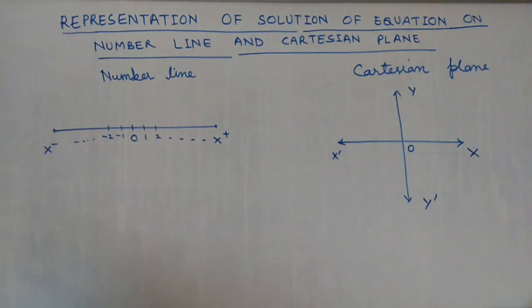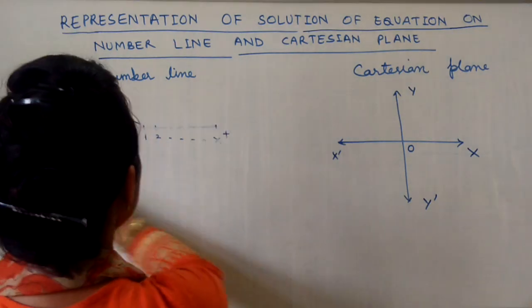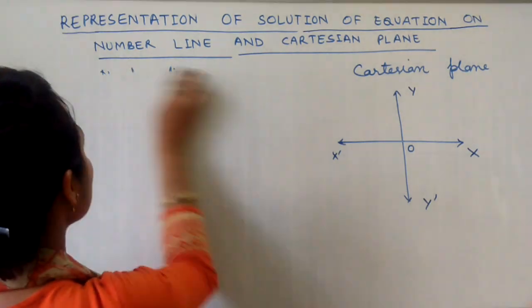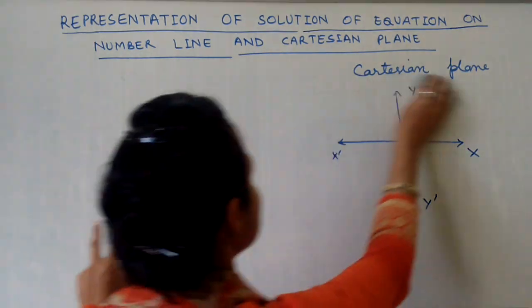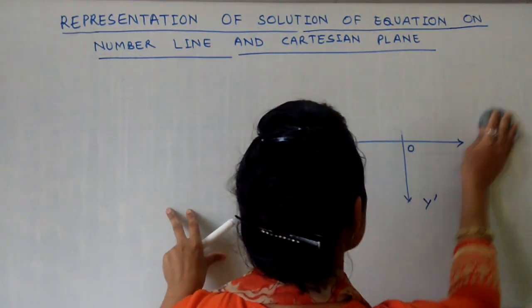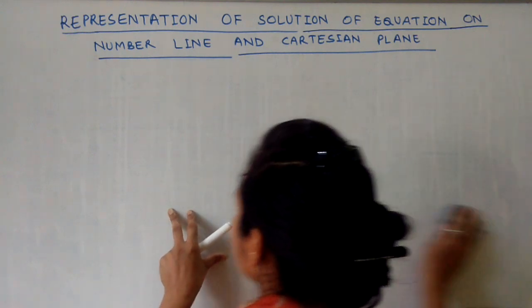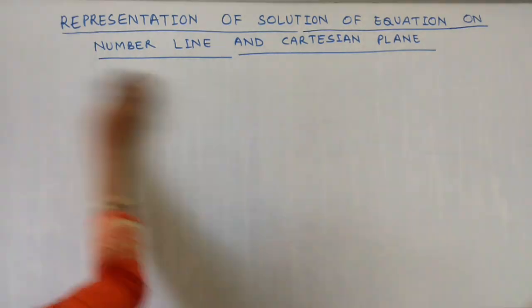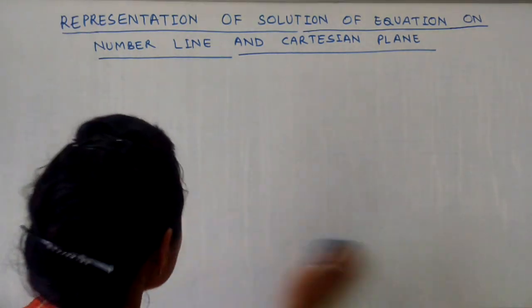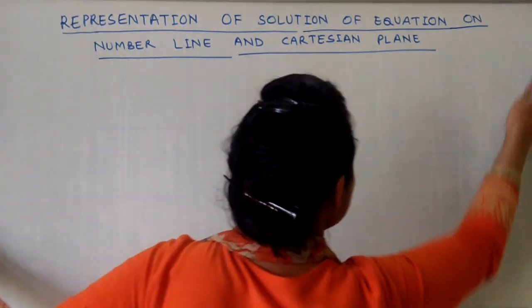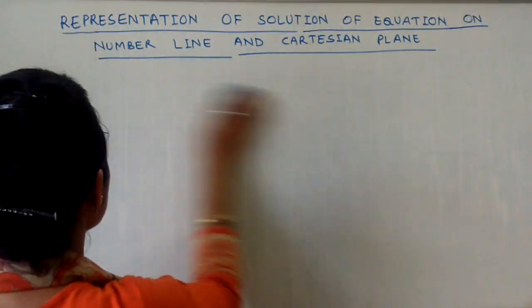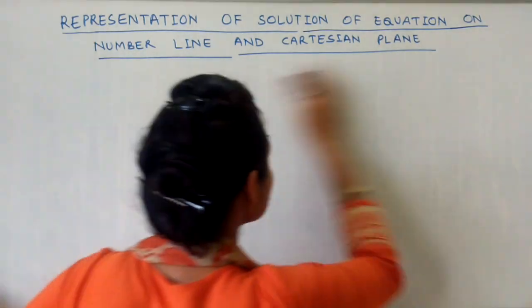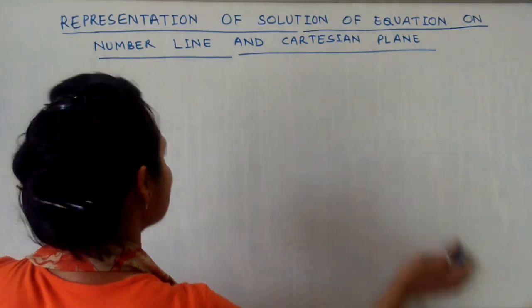Before starting those questions, I will tell you one thing, that is the equation of a line parallel to the x-axis and y-axis. Before starting that representation, I want to tell you one more thing, that is the equation of a line parallel to the x-axis as well as the y-axis. Okay, so let's do that.